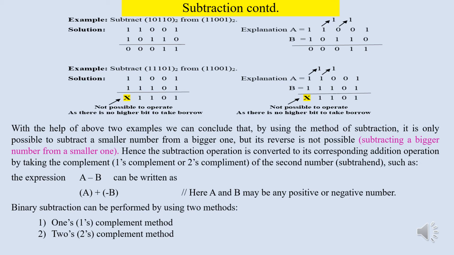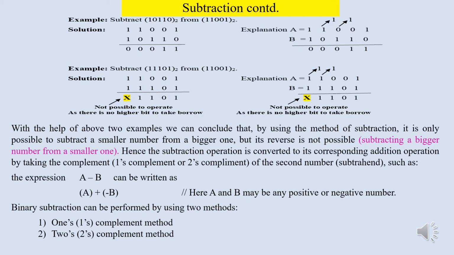With the help of the above 2 examples, we can conclude that by using the method of subtraction, it is only possible to subtract a smaller number from a bigger one, but its reverse is not possible. That is, subtracting a bigger number from a smaller one is not possible.